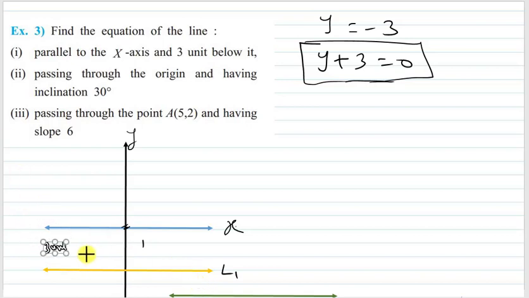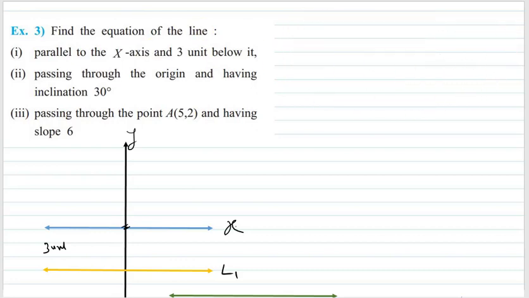The second question is, we have to find the equation of the line which is passing through origin and having inclination 30 degree, right? Here you can observe, let's suppose I'll change the same line and make an inclination from x-axis, and it should pass through origin.